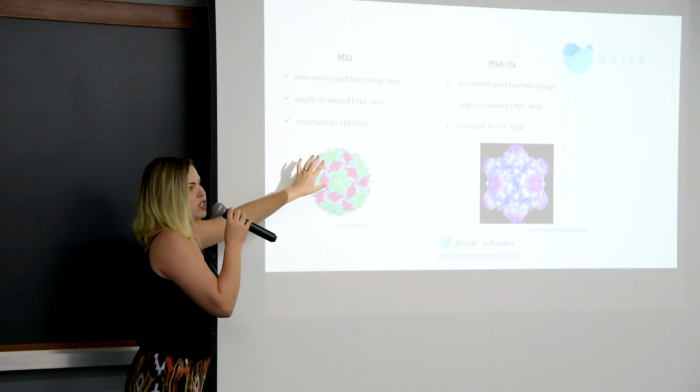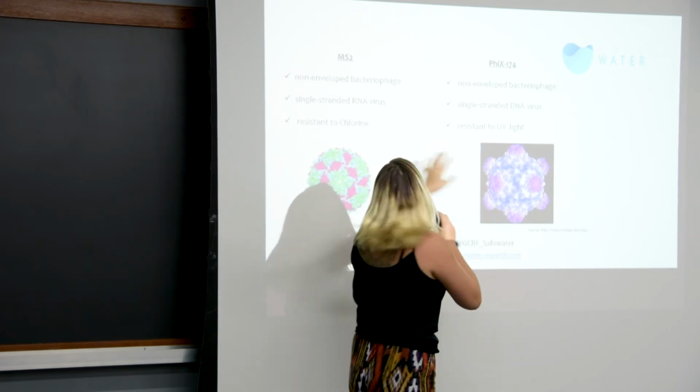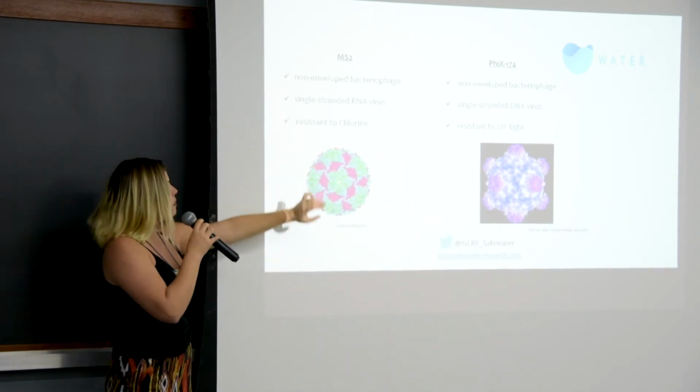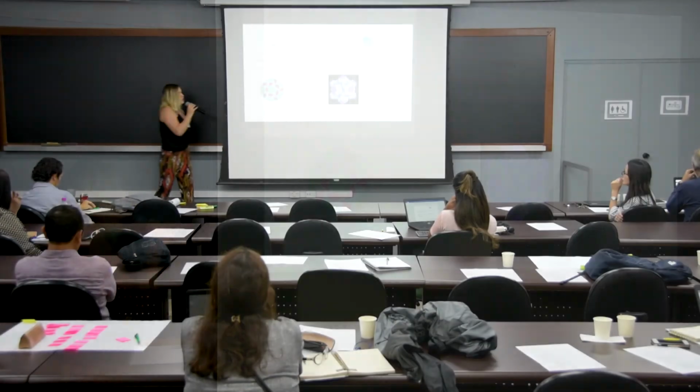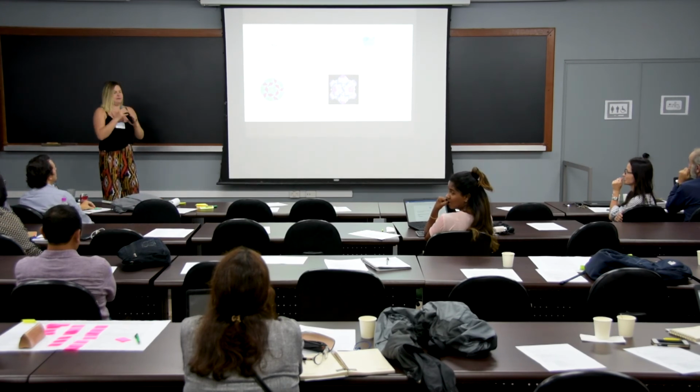So here we just have RNA, and here we just have DNA. And this bacteriophage is resistant to chlorine, and this bacteriophage is resistant to UV light. Sorry, the opposite. Sorry.